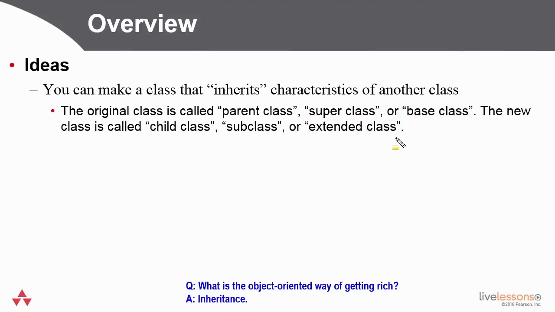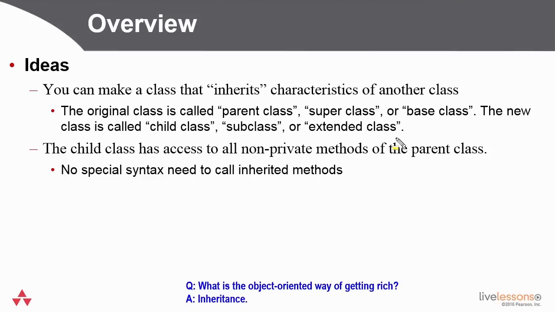In particular, parent class, child class, or superclass, subclass are used interchangeably, and there's no consistency in which term is used. When you make a class that is a child class, or a subclass, or an extended class, all of the non-private stuff, in other words, the public methods, of the parent class are available to you, and you don't need to have any special syntax to call them.